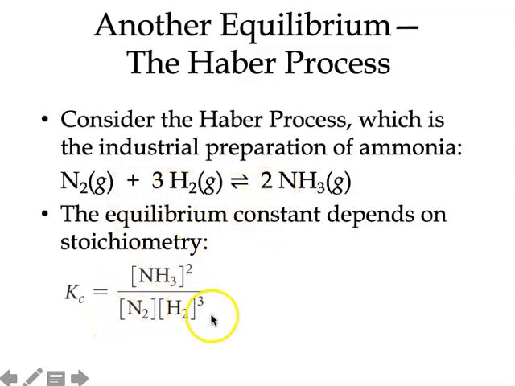Then you put the reactants on the bottom and raise them, N2 to the first power because there is an assumed 1 there, and H2 to the third power. By the way, these concentrations are measured in molarity. So if we ever get to the point, which we probably will, where we calculate Ks, I'll give you the equilibrium molarity of a bunch of these different things.